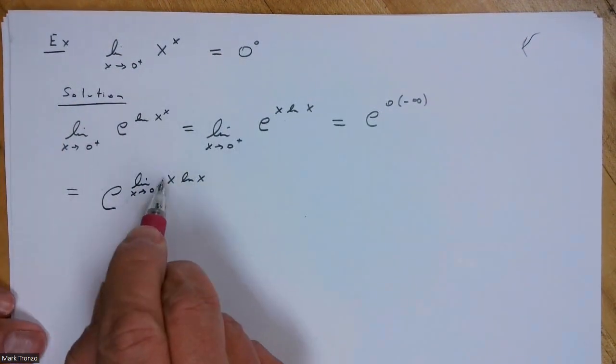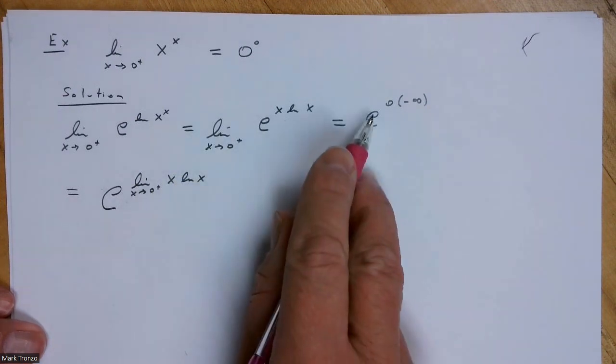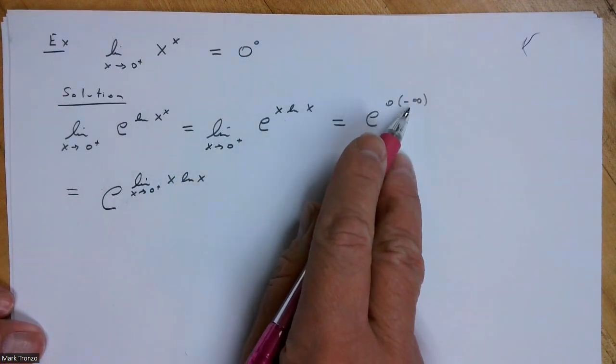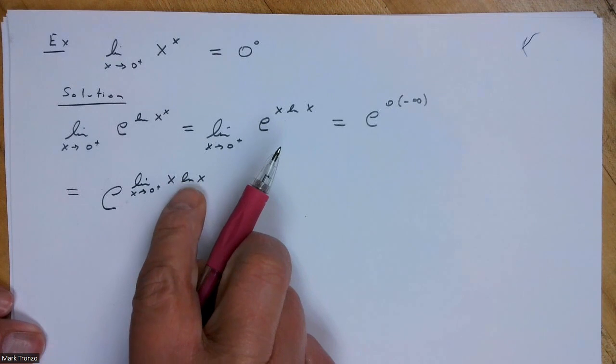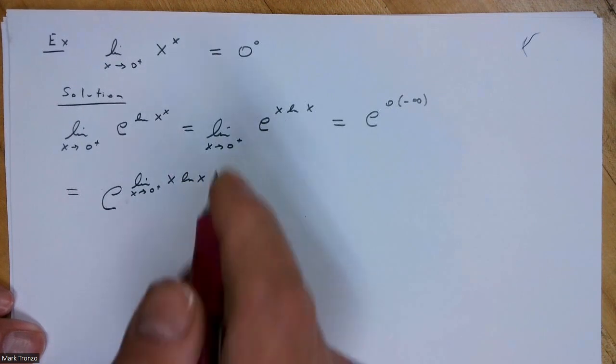And now let's focus on this here. Like I said, we have 0 times negative infinity. We can maybe rewrite this.